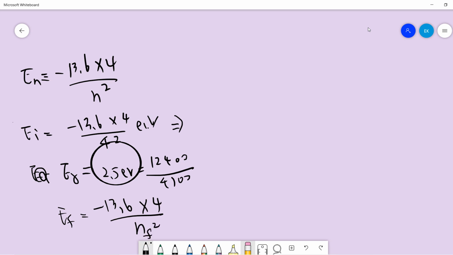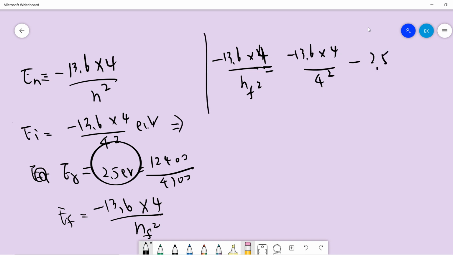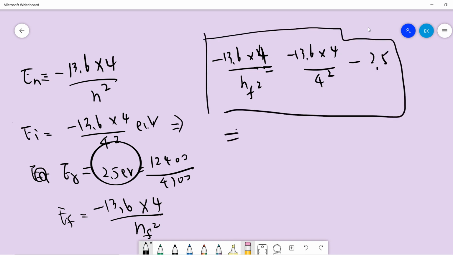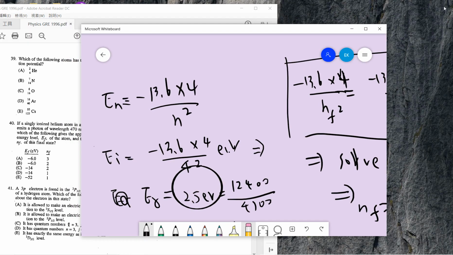Then the final energy will be the initial energy minus the photon you emit. Then solve for n_f, and we get n_f is close to 3. So the answer should be A.